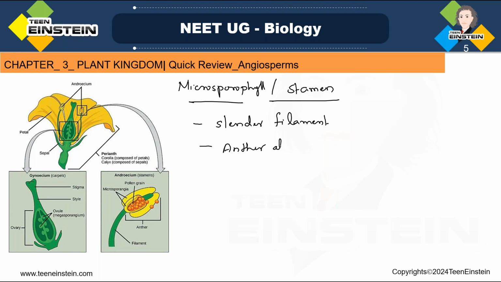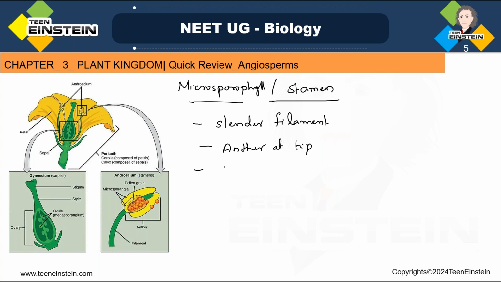This yellow portion is the anther. So filament and anther. Within the anther, pollen grains are there. The pollen mother cell divides by meiosis to produce microspores.